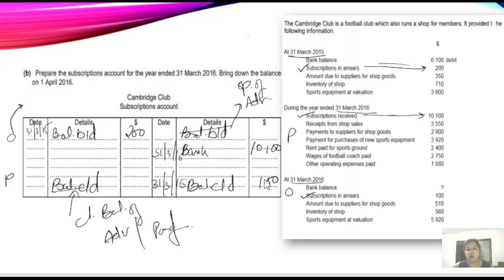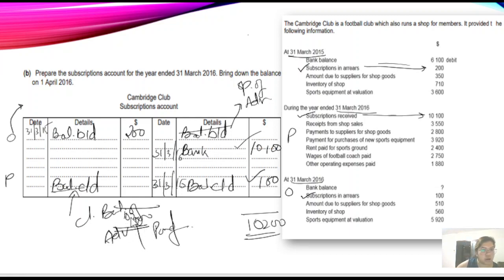Okay, now what you have to do, you have to add these two values, 10,100 plus 1,100. Okay, if you're going to add these two values, then your total will be 10,200, and this side also 10,200.